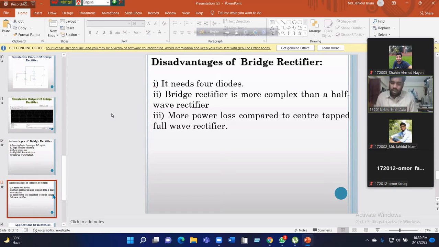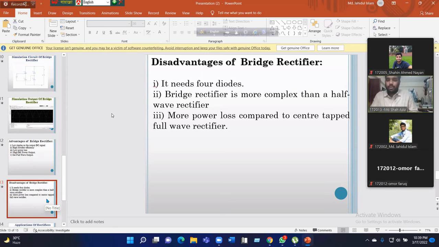Another disadvantage of the circuit is the internal resistance drop. Since two diodes conduct in series on alternate half cycles, the internal resistance drop is twice that of the center tap or half-wave rectifier. I think it is the worst effect of this rectifier.